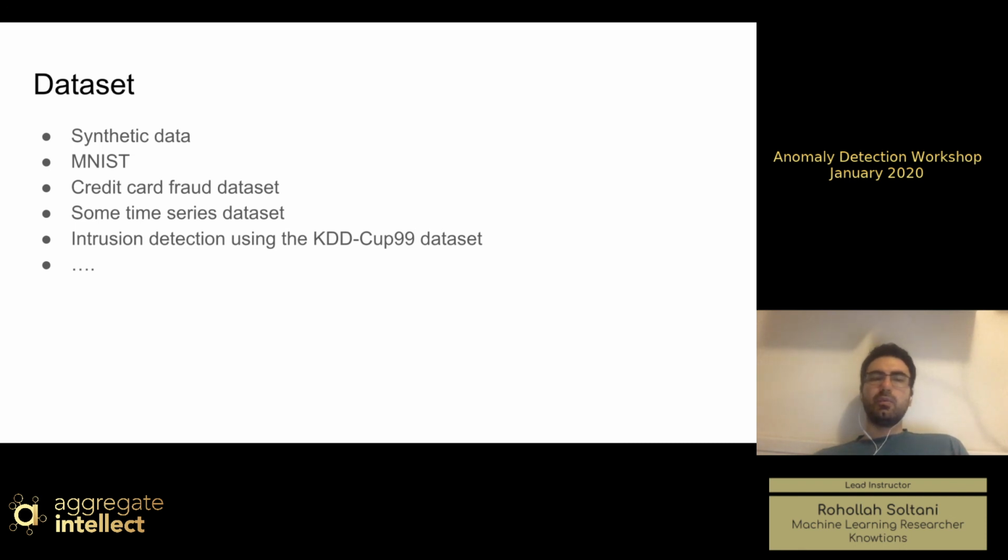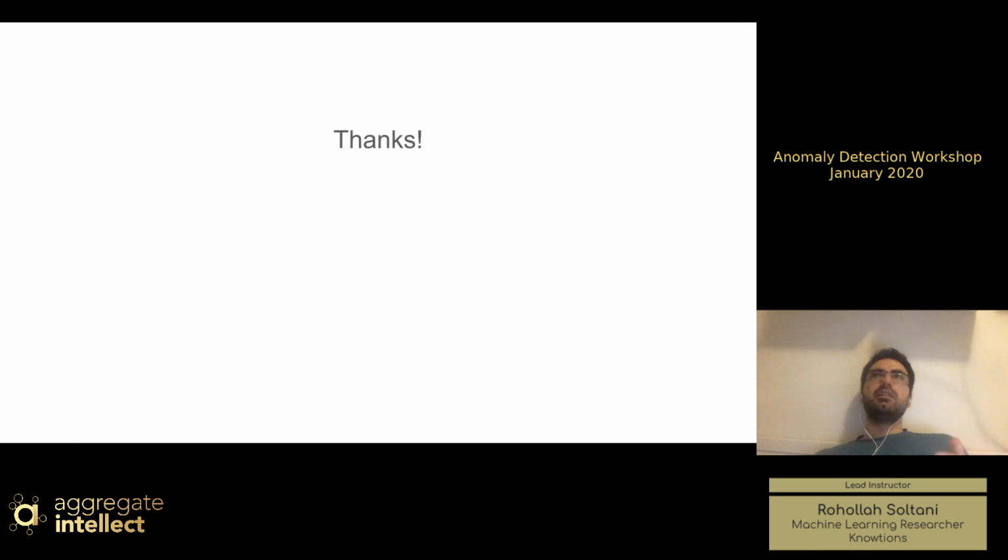That will be the end of my first session, which is the overview of anomaly detection, what an outlier is, and how we can find them. The first session will be mostly an overview, and then we will get to know each other. We'll learn what we want to know more about this problem.